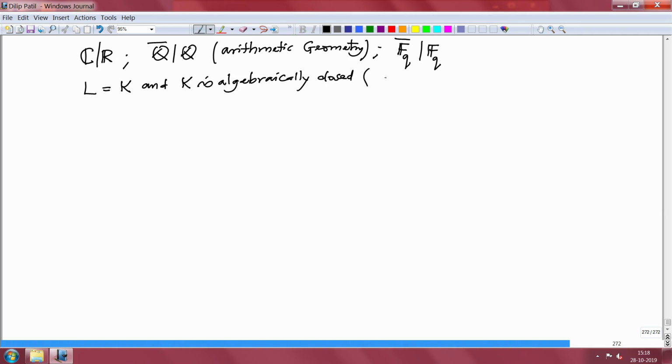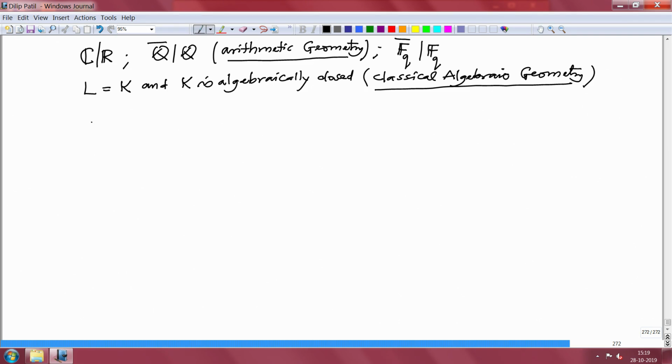And this is what is classical algebraic geometry. This will lead us to classical algebraic geometry, arithmetic geometry, and this is, you can say, classical complex analysis and real analysis. All right. So, this is what we keep in mind.